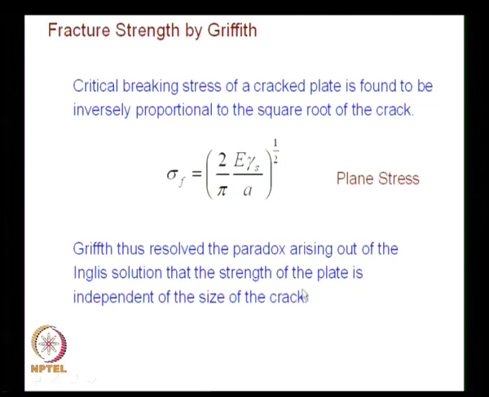The immediate observation from English solution was that strength of the plate is independent of the size of the crack, whereas Griffith said the crack length does matter. I can find out using this expression fracture strength as well as critical crack length for a given stress value. So, this expression is very important.